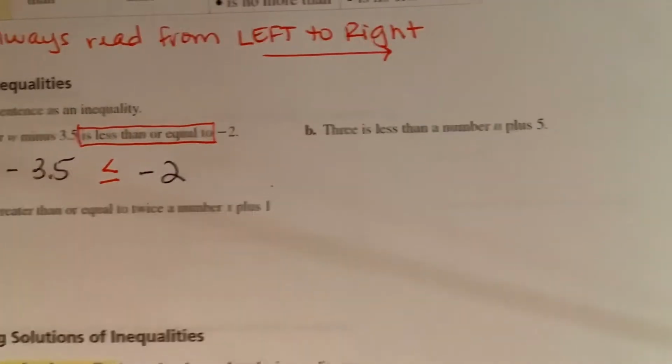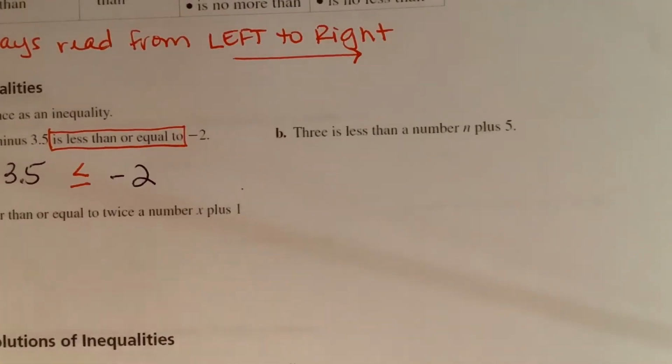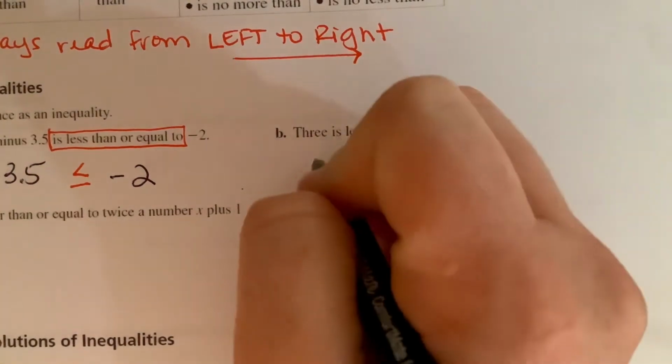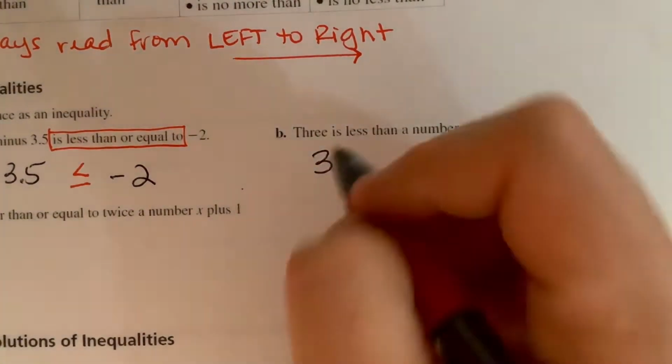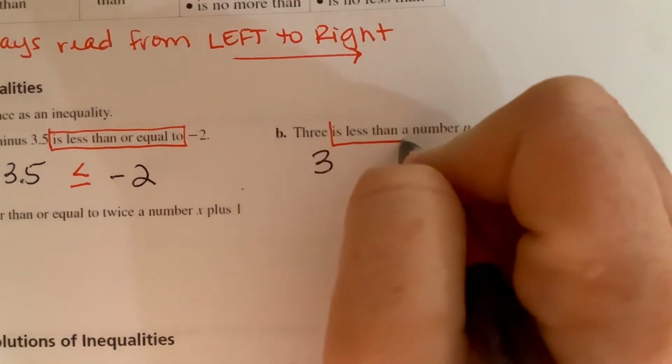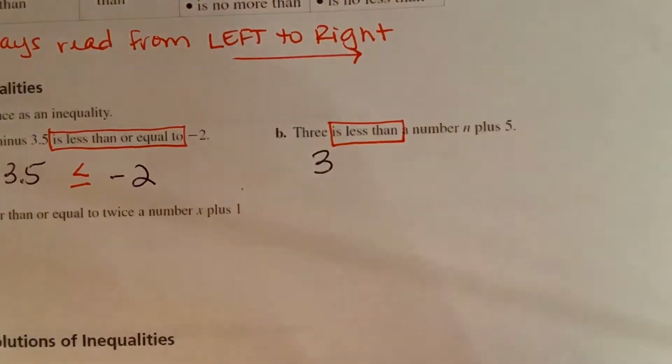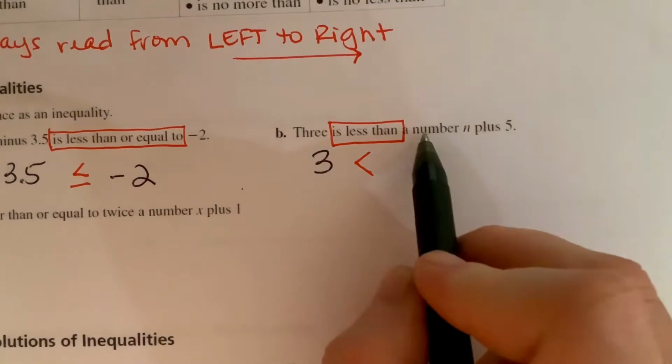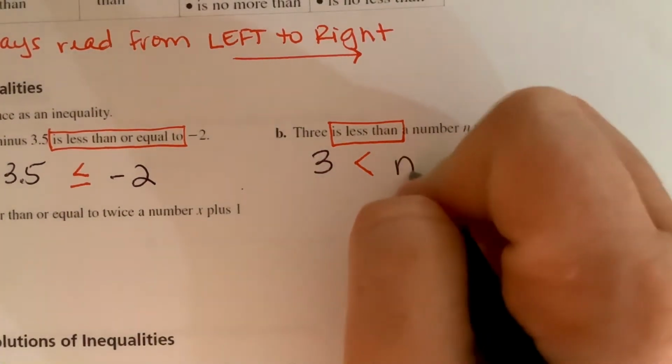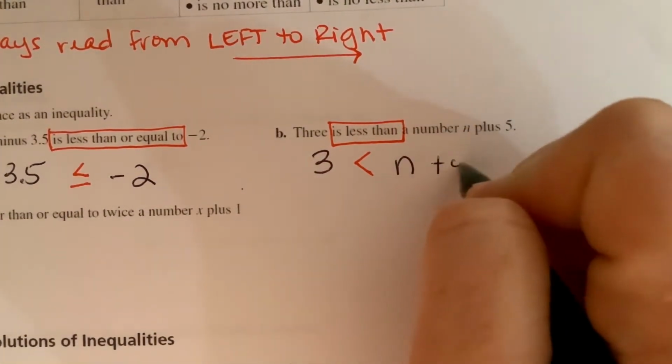Okay, B, 3 is less than a number n plus 5. So the number 3 is less than, and that's this symbol, a number n, so just an n, plus 5.